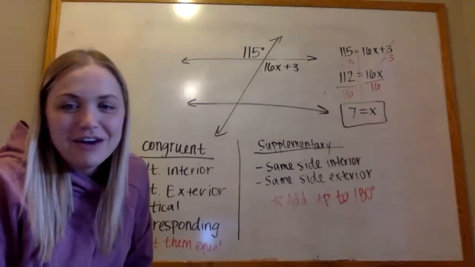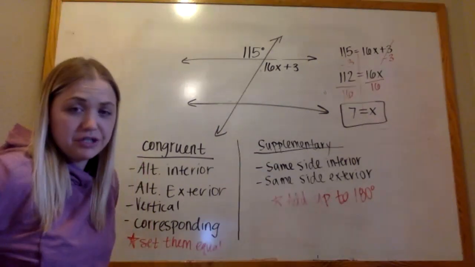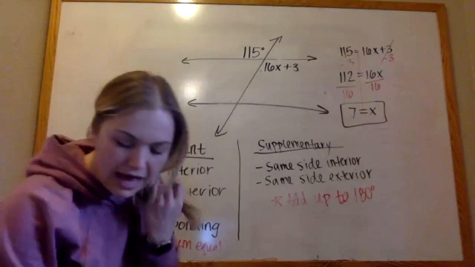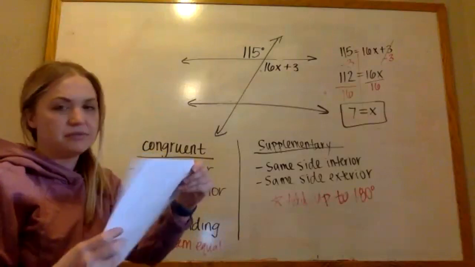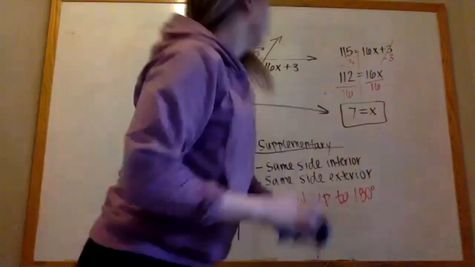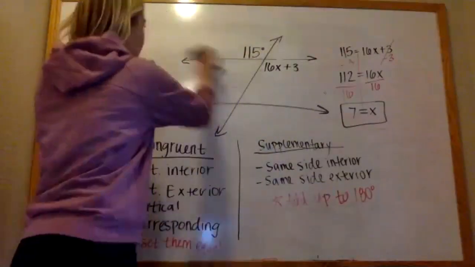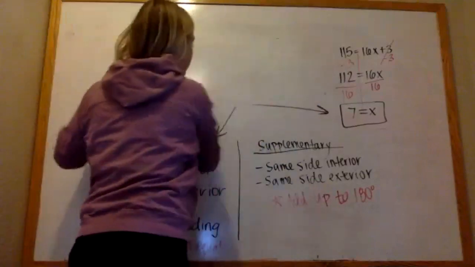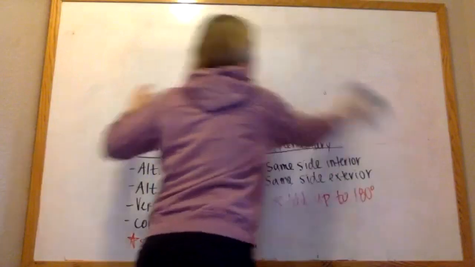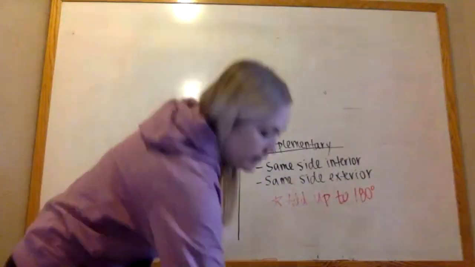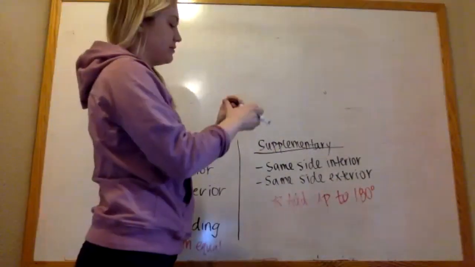Wonderful. Okay, I am going to do one more problem then. I'm going to do what was essentially the last 3 problems on the practice test. So it looked like this. There were 2 parallel lines.